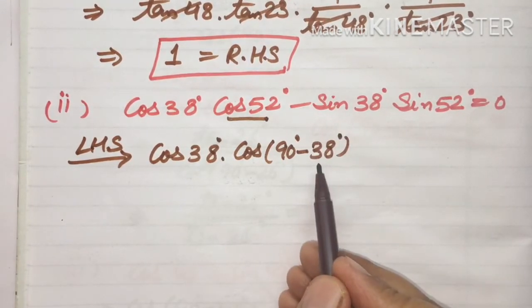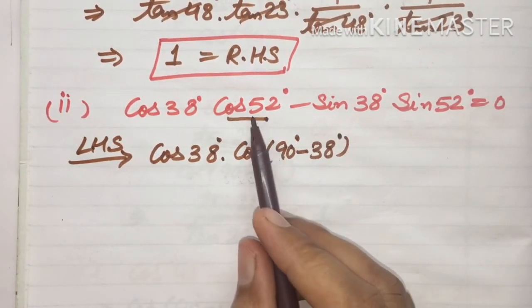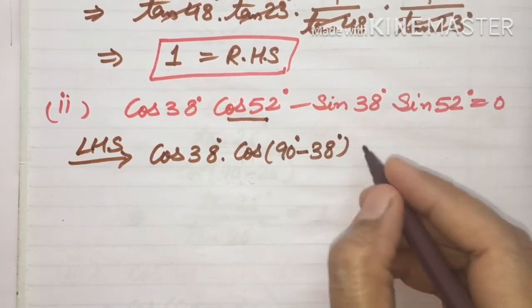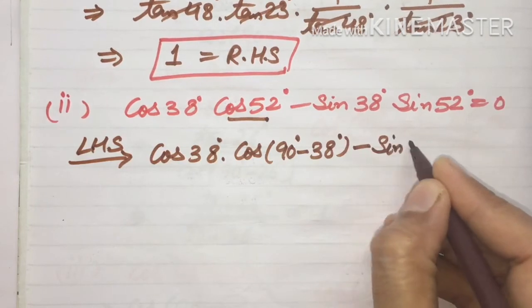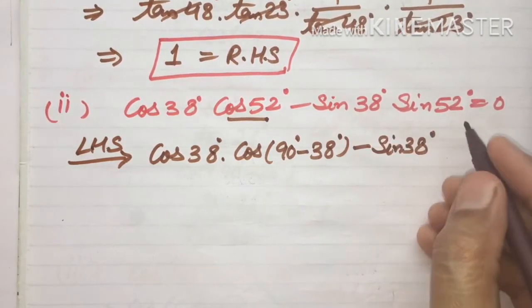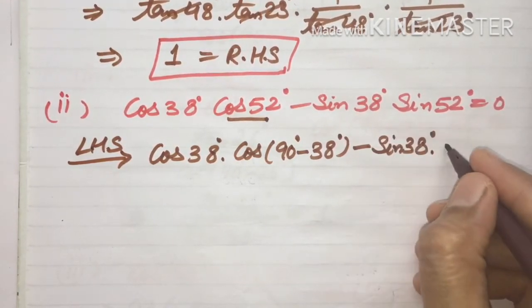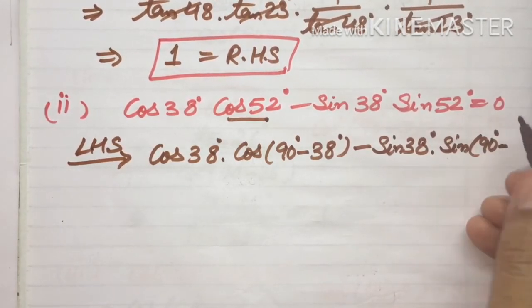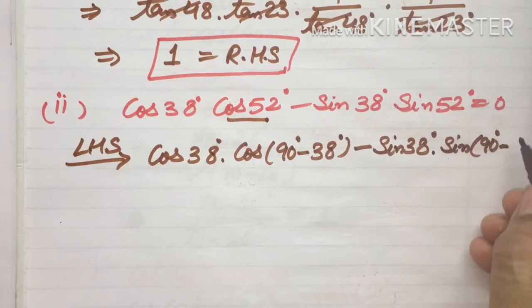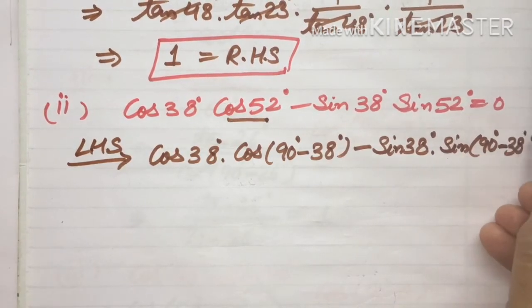When I minus 38 from 90, I will get 52, right? And same thing we will do with the sin. sin 38 degree is same, and this sin I will change, sin of 90 degree minus 38, how I can get 52 when I minus 38 from 90.